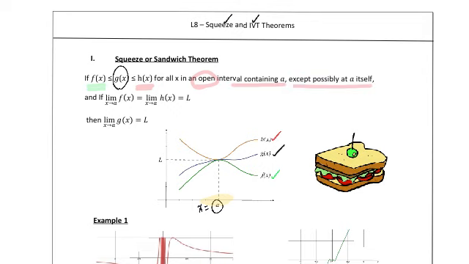So that means for some space around this arrow number a, for some x interval, we've got this situation. That's condition number one.